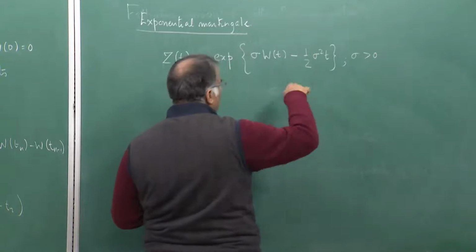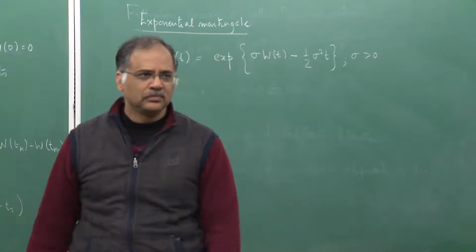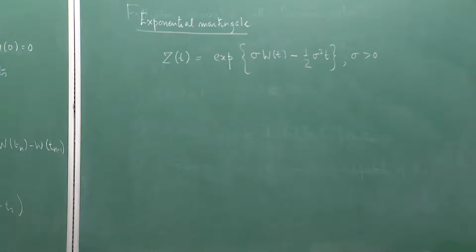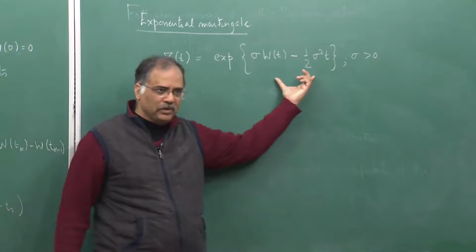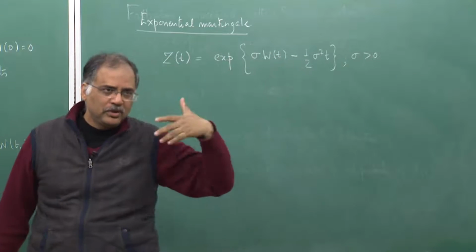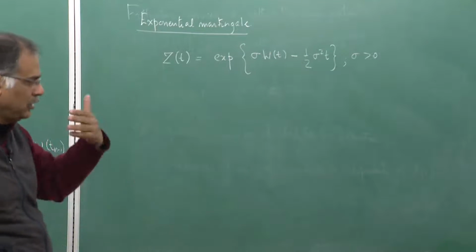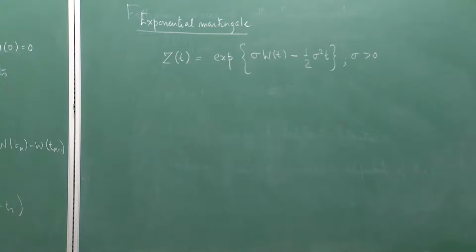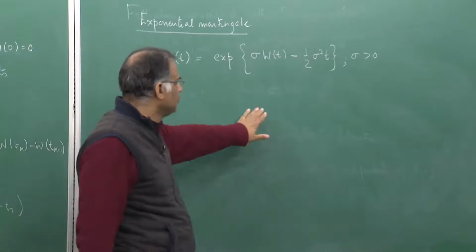Exponential means e to the power sigma Wt, where sigma is a positive number. Of course, this itself is a random variable because you are exponentiating a random variable, so the result is itself a random variable.